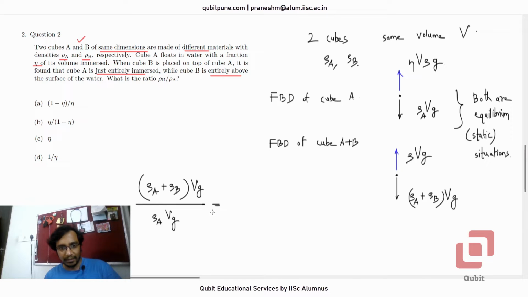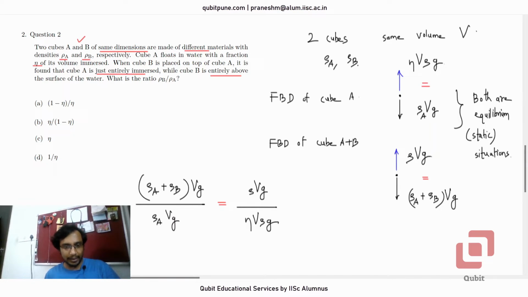Now, because we have divided this, we must also divide the other two things. Understand that these two things are still equal to each other. That's why we are dividing rho A plus rho B into Vg by rho A into Vg. So what are we going to get? Rho Vg upon eta V rho g.